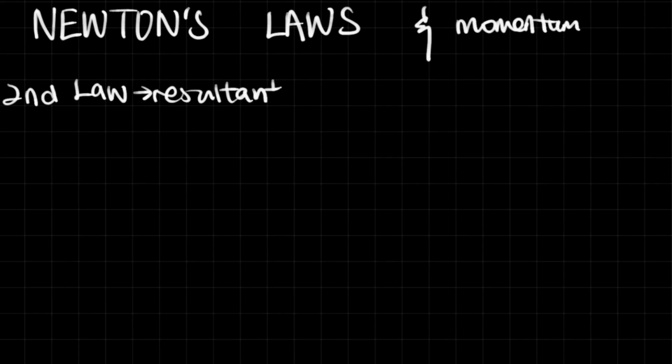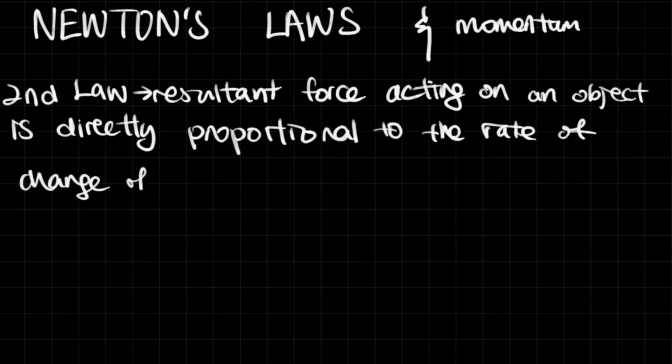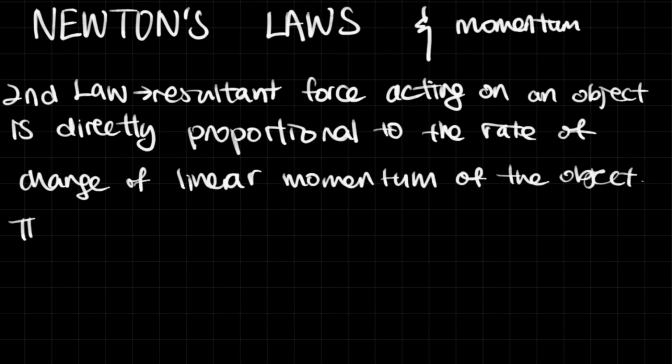You might have learned earlier that Newton's second law of motion tells us that F equals ma, and it's the whole thing with the proportionality of acceleration to force and mass. Well, we can alter that equation a bit and link it together with momentum.